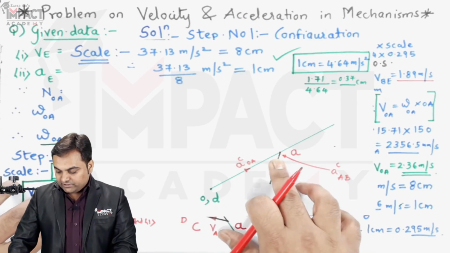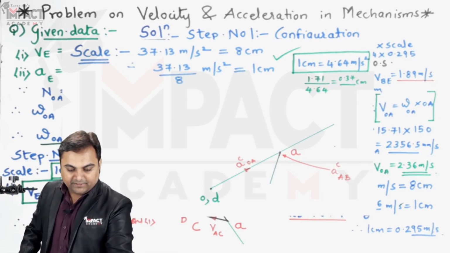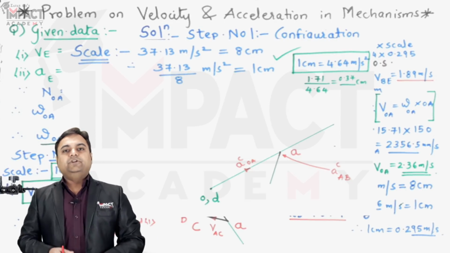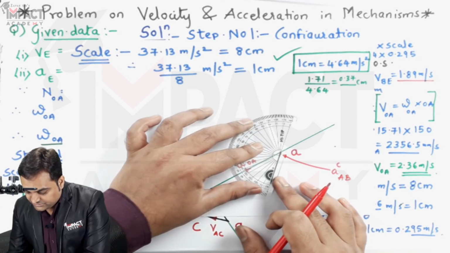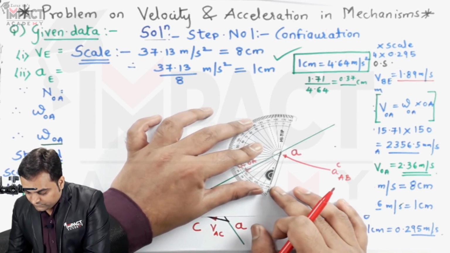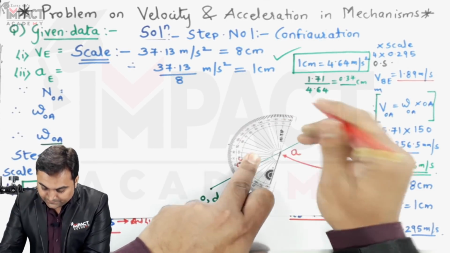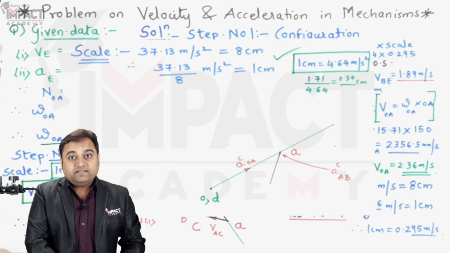So after getting the centripetal acceleration, I'll measure 90°, because centripetal acceleration and tangential acceleration are perpendicular to each other. So measuring 90° from this distance which I have taken for the centripetal acceleration would give me the sense or the direction of the tangential acceleration.